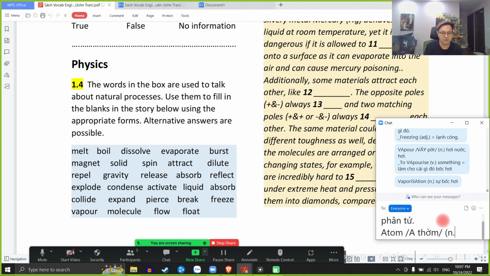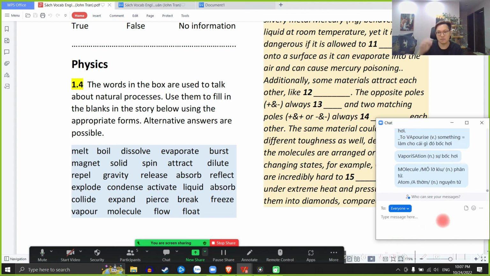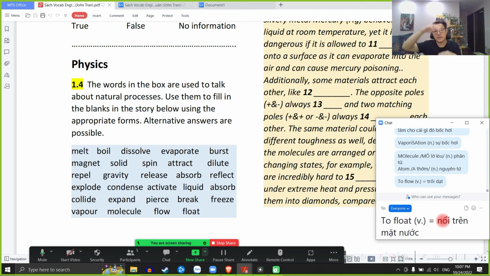Còn phân tử là molecule. Okay, next one, to flow. To flow là chảy, trôi dạt. To float means nổi trên mặt nước. So to stay on top of something, it's to float, you know.